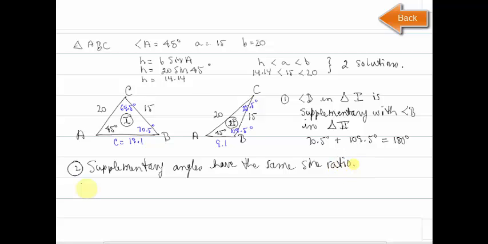Okay, so sine of 70.5 degrees and sine of 109.5 degrees should be the same. So let's check that out on our calculator.